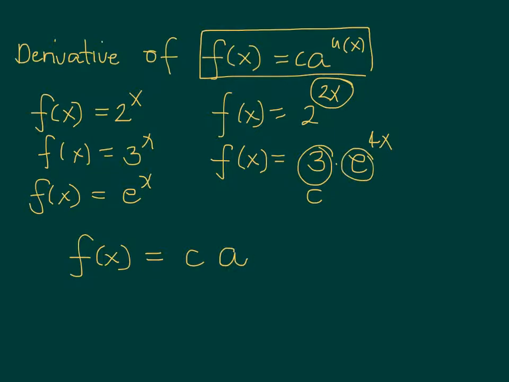It can be e, it can be 2, it can be 3, then raised to an expression containing x. That can be a simple x, or a 2x, or a 4x.